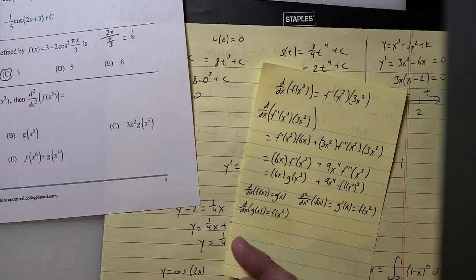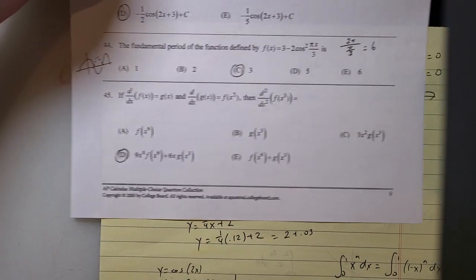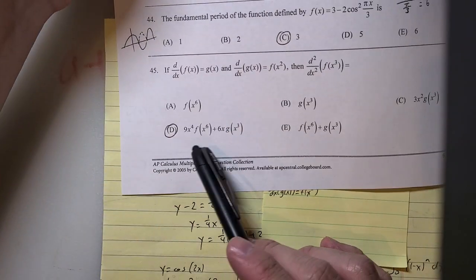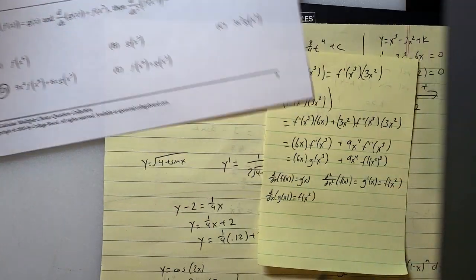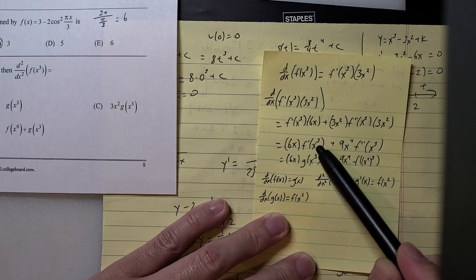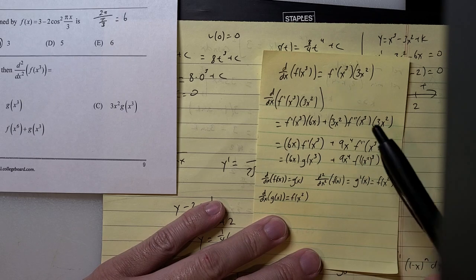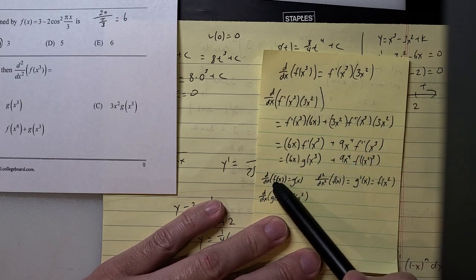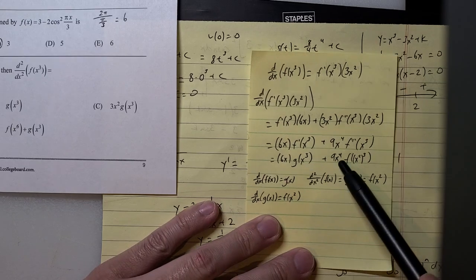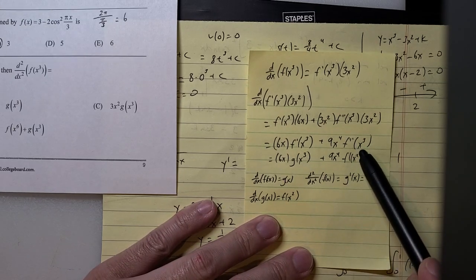Now it doesn't match one of the answers, so then we just made it match. It looks like this one, so I just banked on making it look like this. That was my strategy. And that worked because f prime of x cubed, well, f prime is this one, so that's just g of x cubed. And f double prime x cubed, how did I do that?